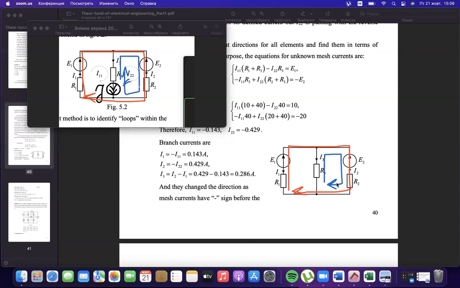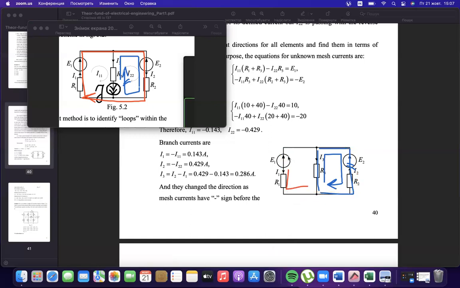For example, if in the blue mesh we have branch number 2 and branch number 3, then while choosing the red one, at least one branch should be new. Or if we are taking the internal mesh, we are adding a new branch, or we are taking the outside mesh, also including an additional branch.